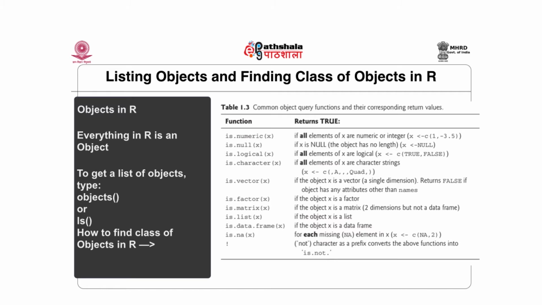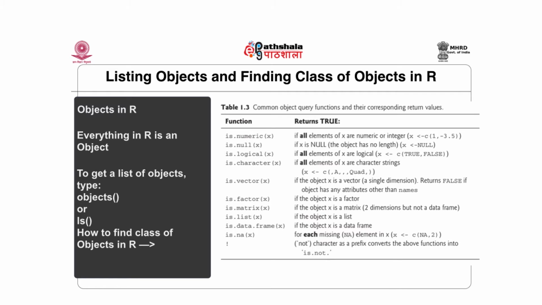Now, if you want to find out what objects exist in the workspace, because quite often people have used the workspace to do a lot of calculations and functions: for a small data analysis project, it may not be much of an issue, but sometimes we need to work with large sets of objects and complex data analysis, complex functions.